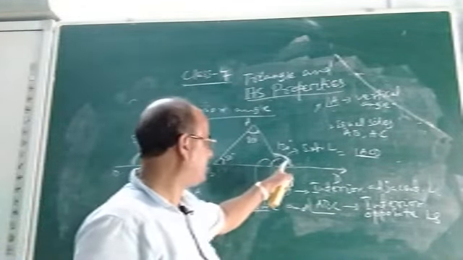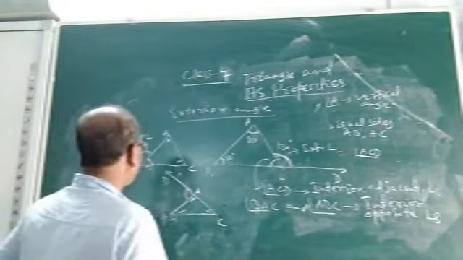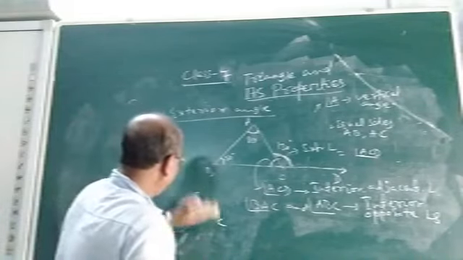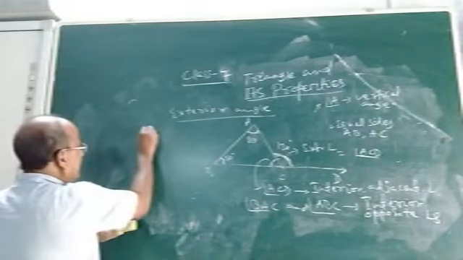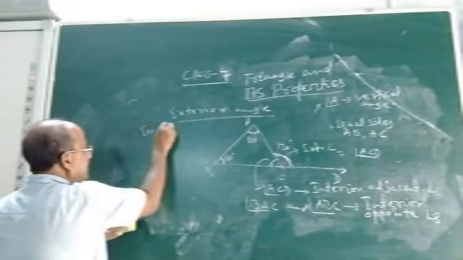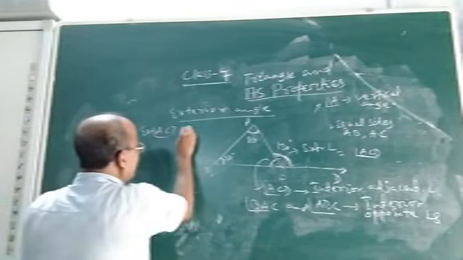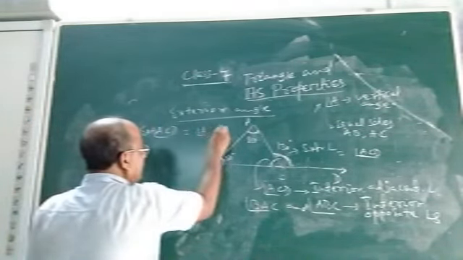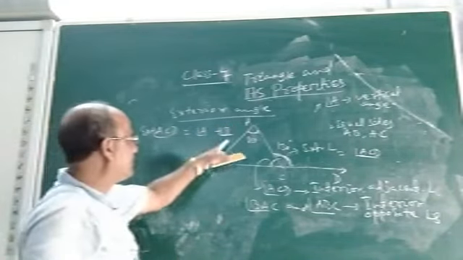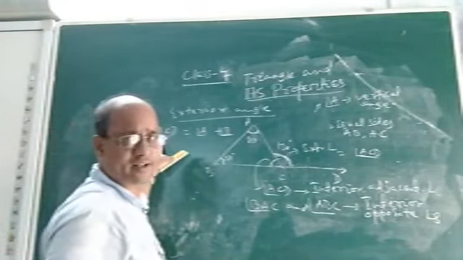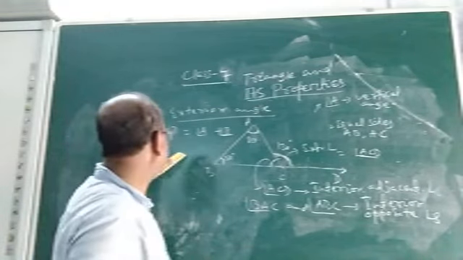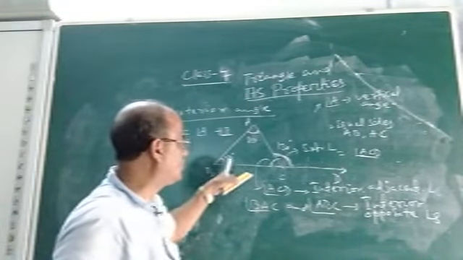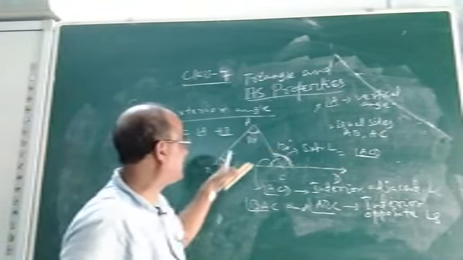Now see, children, what I want to say is that the exterior angle ACD in this figure will be equal to angle A plus angle B, because these two are interior opposite and this is exterior. Now if this angle is equal to the sum of these two, then definitely this angle is greater than this and this.